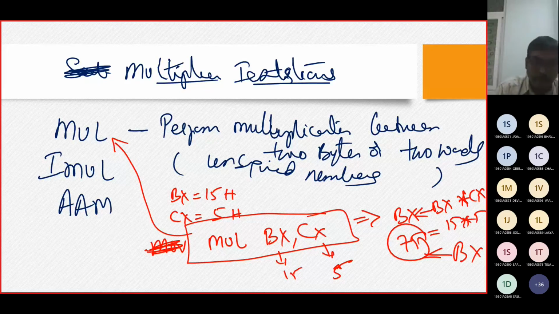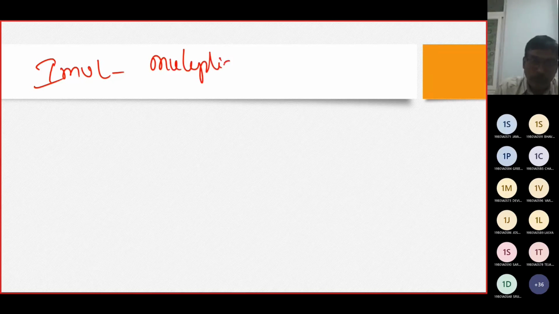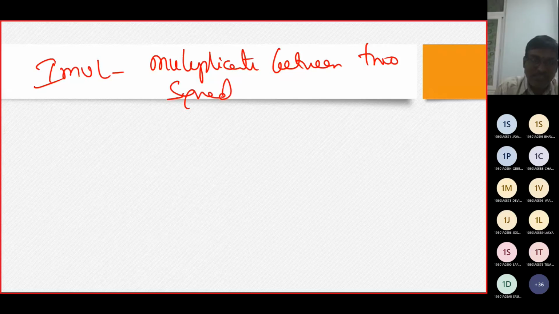And the second thing, we have another instruction called IMUL. When we say IMUL, we are going to do multiplication between two signed words or bytes.